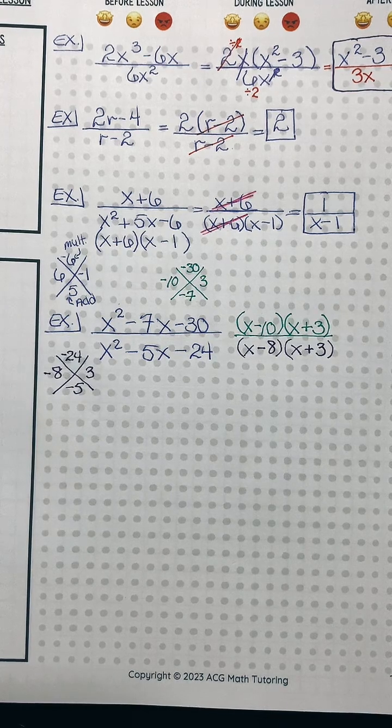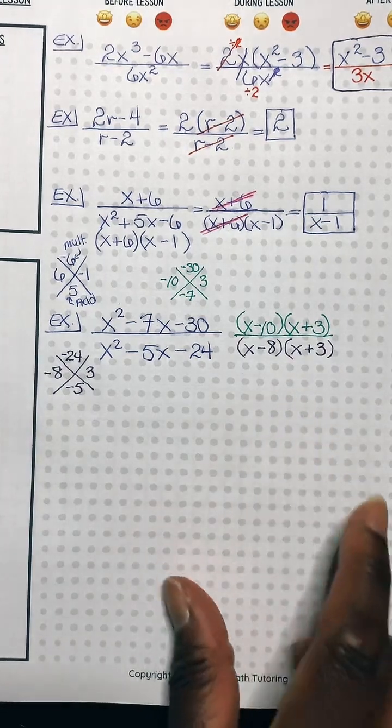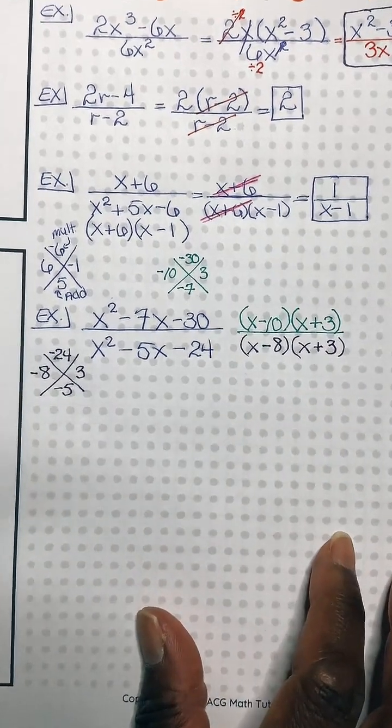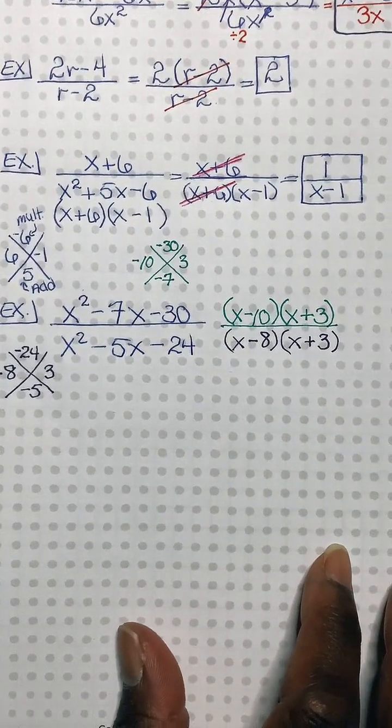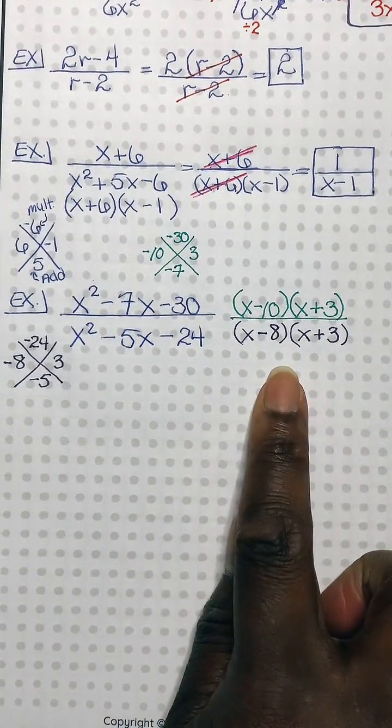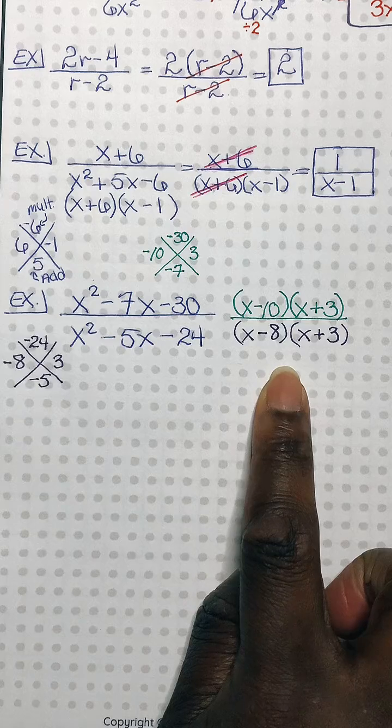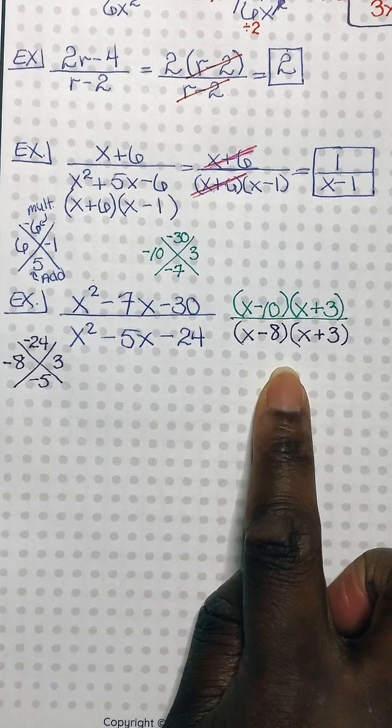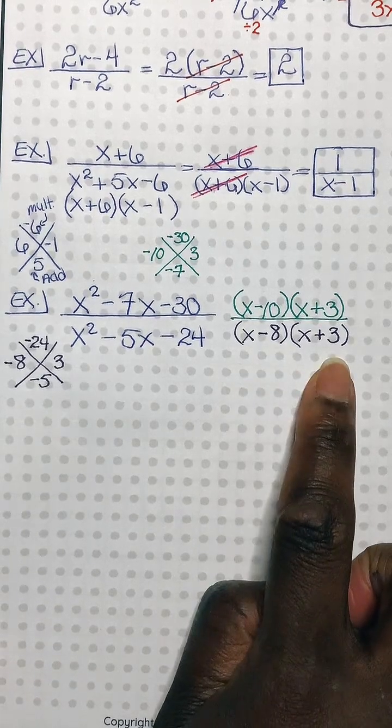Okay. This is where it all begins, right? Okay. So, what do we notice? Let me zoom in just a little bit. What do we notice? Yep, you got your negative 8 and the 3. Good.